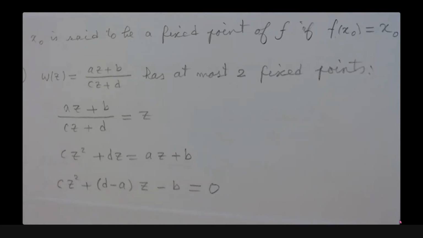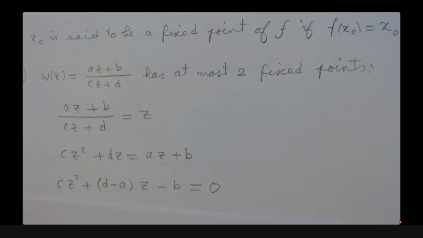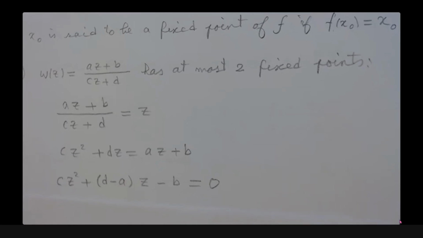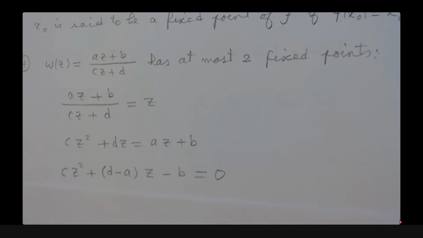And we already know a quadratic equation cannot have more than 2 solutions, all right? So that is why. Here is a good justification for why this function cannot have more than two, at most two fixed points.